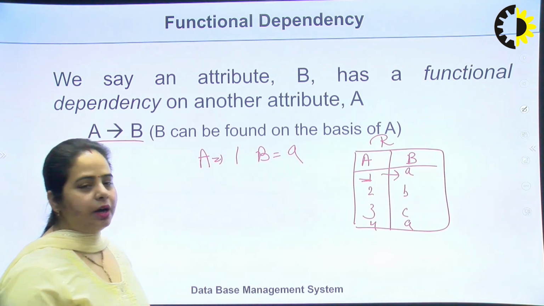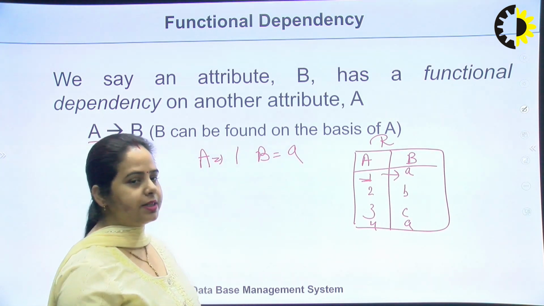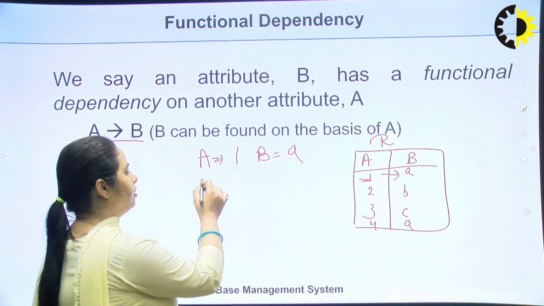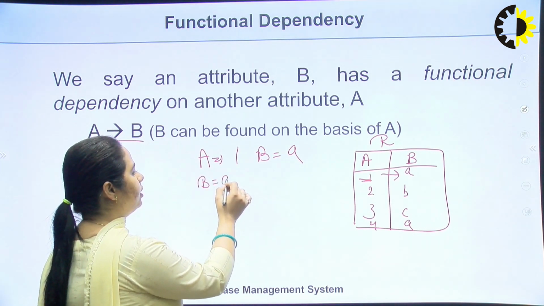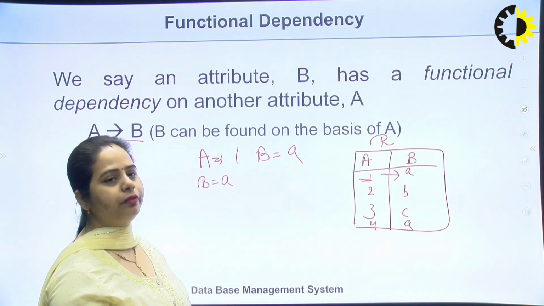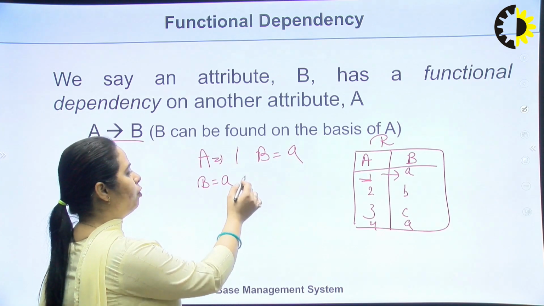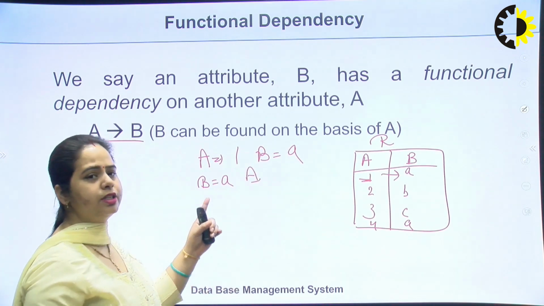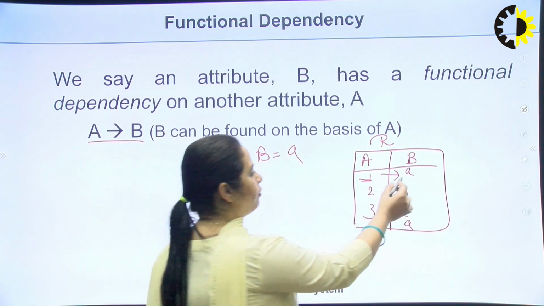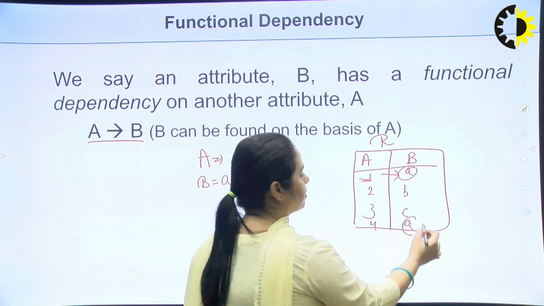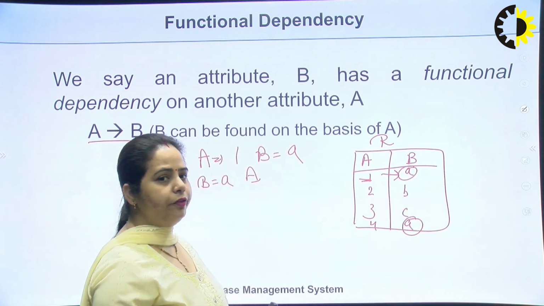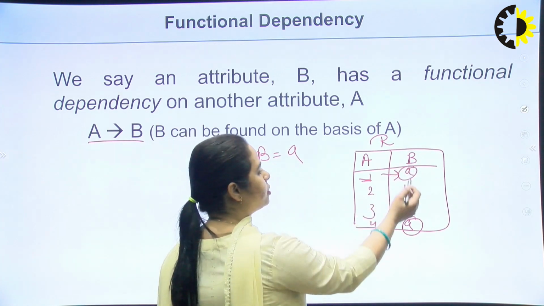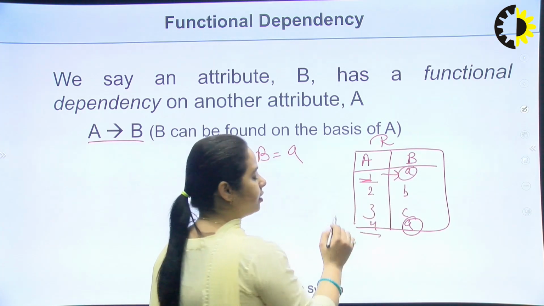Now, if I reverse this example, and I tell you the value of B and ask you to tell me the value of A, can you tell the value of attribute A with respect to that value of B? Here we have that value in two places, so we have two values of A for it. First is 1, another one is 4.